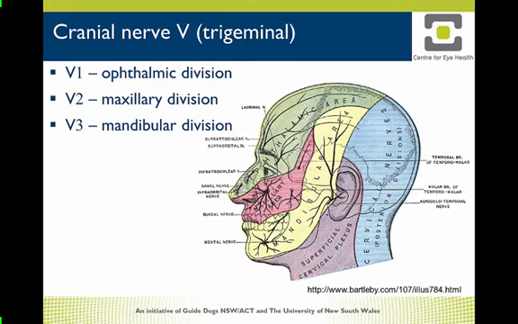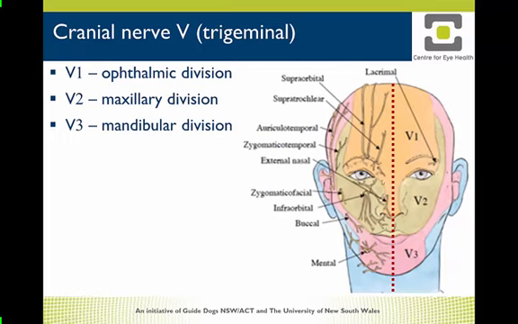So what that means is that if a patient has herpes zoster virus that has progressed to this part of the nerve, one thing is certain: the ophthalmic division, in other words, the part that innervates the cornea, will also be affected.